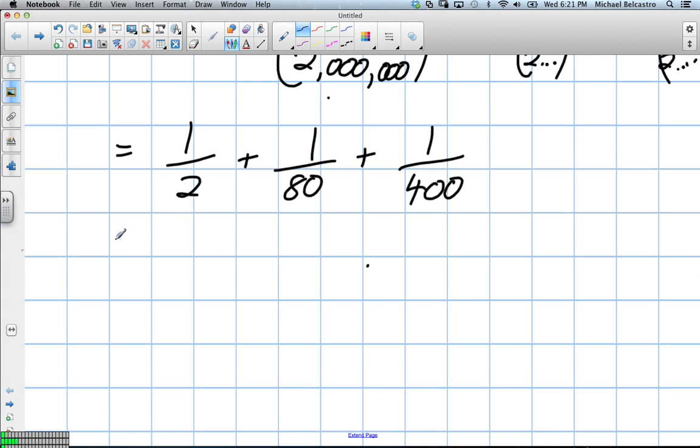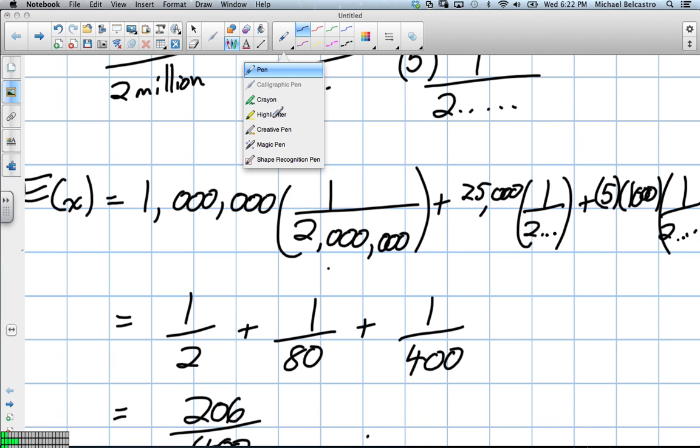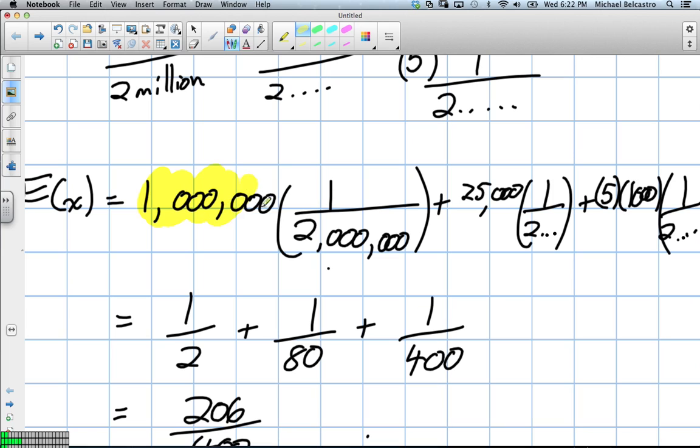We add our equivalent fractions, and we found we got 206 over 400, which as a decimal was 51.5. Remember, this is in dollars, because all of these winnings were dollar values. Sorry, it wasn't 51, it was 0.51.